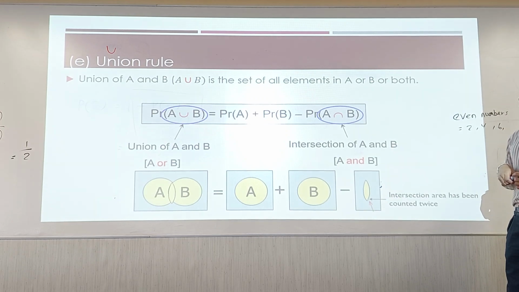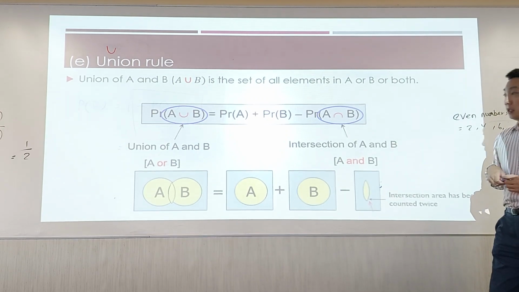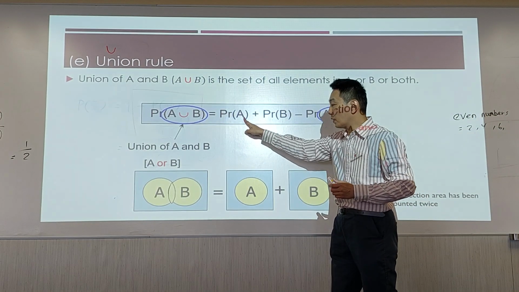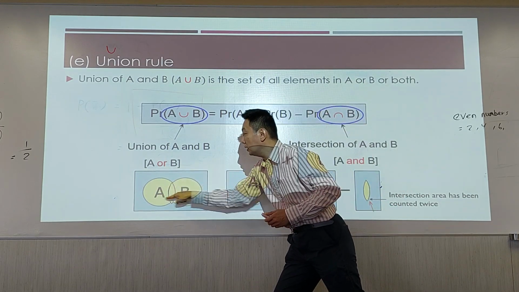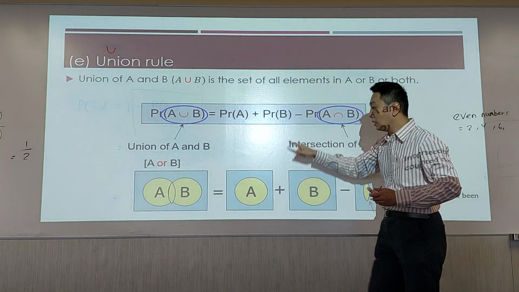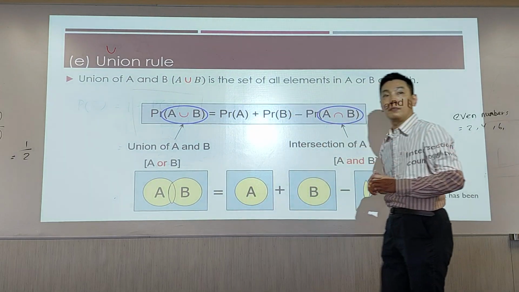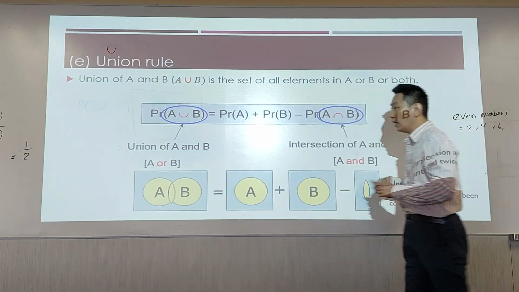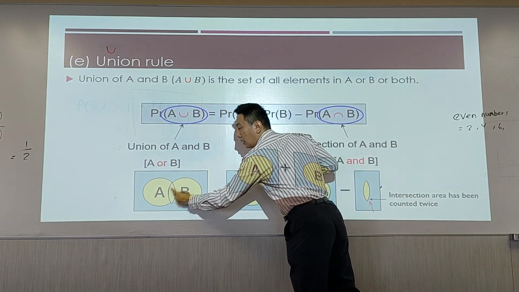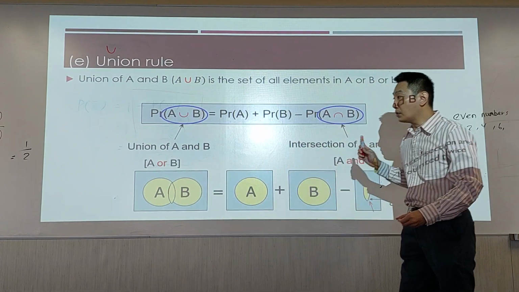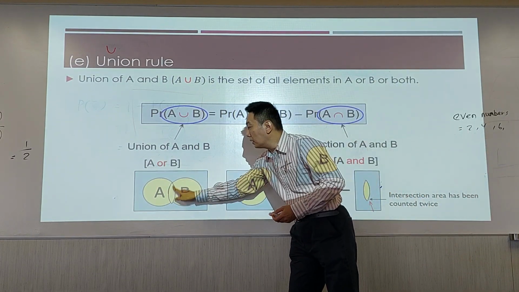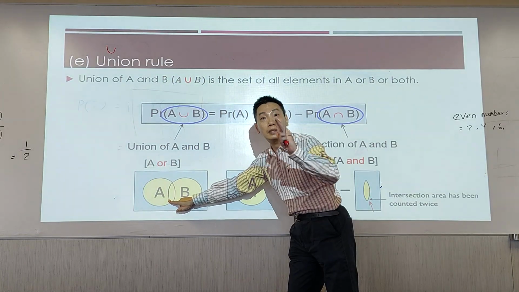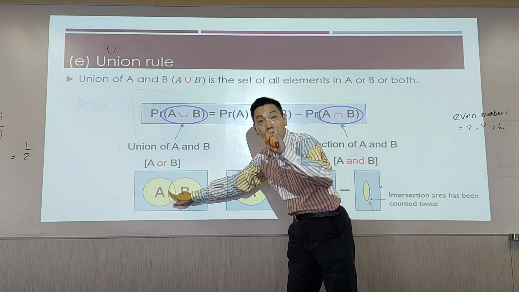So what is the formula to calculate A union B probability? Okay, you can use probability A, which is this one, the whole thing here, plus probability B, that will be this one, the B, right? And you may find that A and B intersect here, right? In this area they intersect. That means this part is double calculated, calculated 2 times already. So we should only calculate 1 time only.